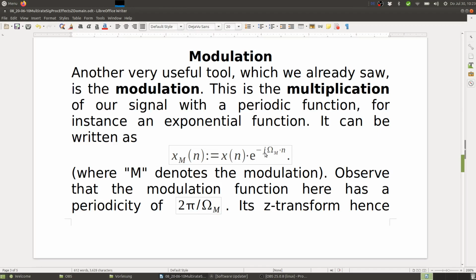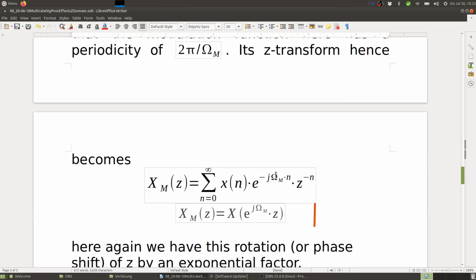Omega_m is then our modulation frequency, and m denotes the modulation here in this subscript. Yeah, observe that the modulation function here has a periodicity of 2 pi divided by omega_m. Its Z-transform hence becomes this. So here we have our signal, the modulated signal, and we apply the Z-transform to it, the sum here.